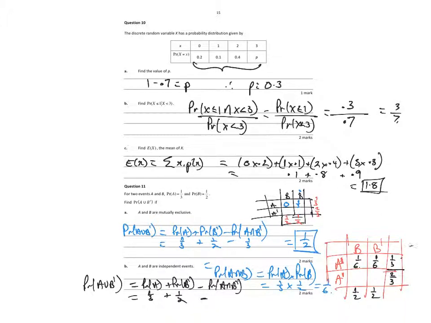Because 1/3 is 2/6. Put them all over 6, I get 2 plus 3 minus 1, which is 5 minus 1, which is 4, 4/6, which is 2/3. All right, done.